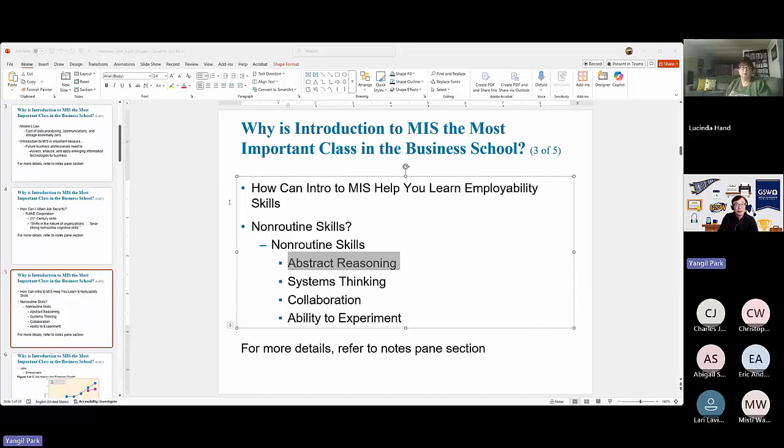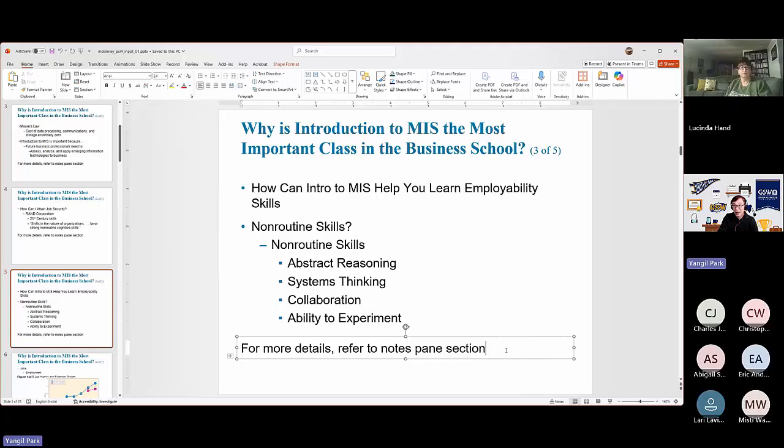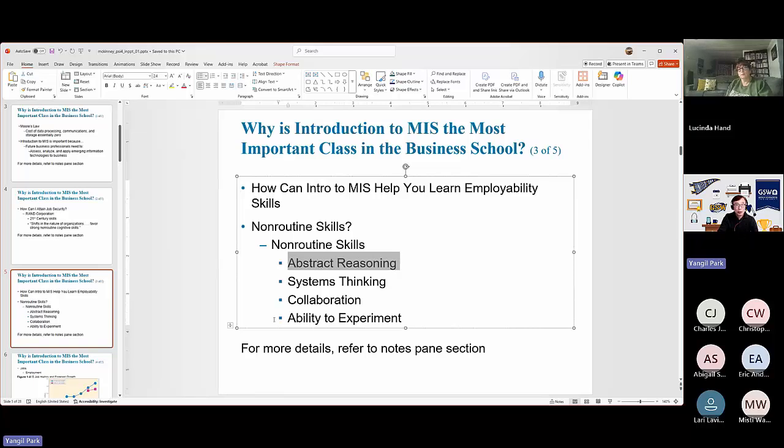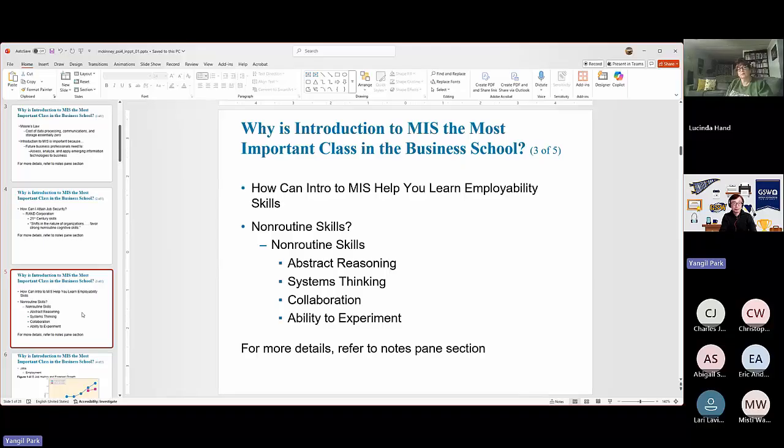So those are some examples of skills that we need, rather than the typical skills that we talk about, like collaboration skills, system thinking, writing skills, or presentation skills. So abstract reasoning skill, I think, is something we need to develop from this kind of course.